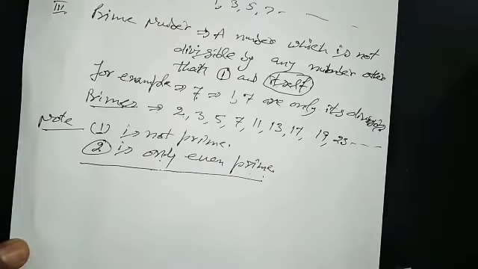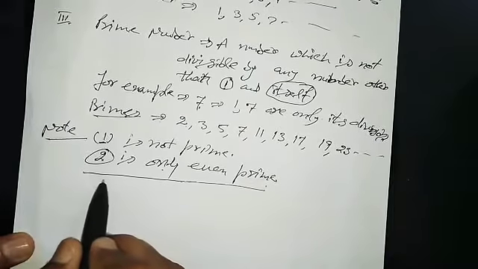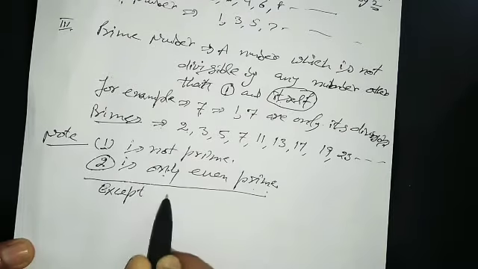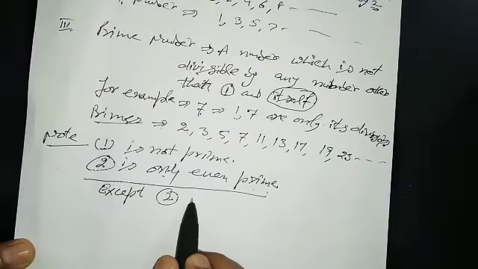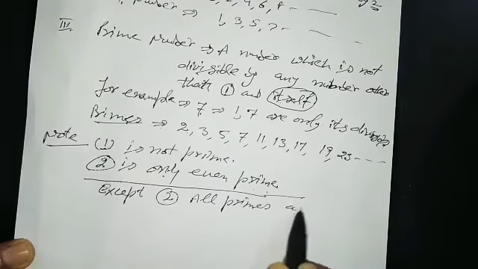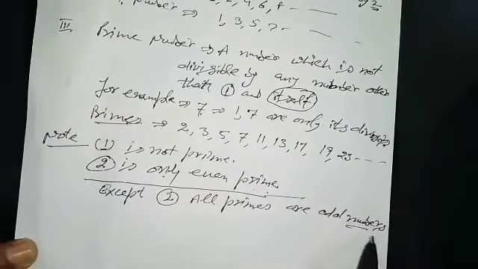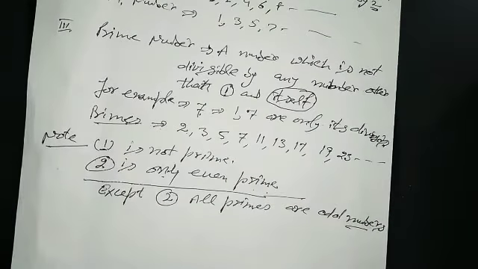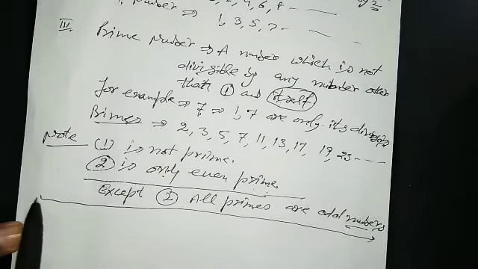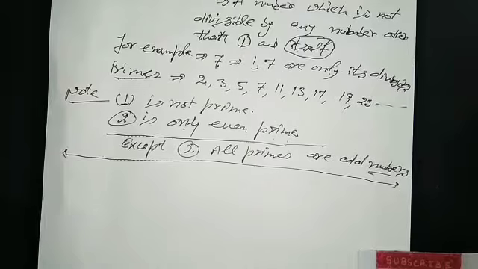Third point, you can remember: except 2, all primes are odd numbers. Okay, only 2 is the even prime. These are points which you have learned about already in your previous classes, so come to the point.